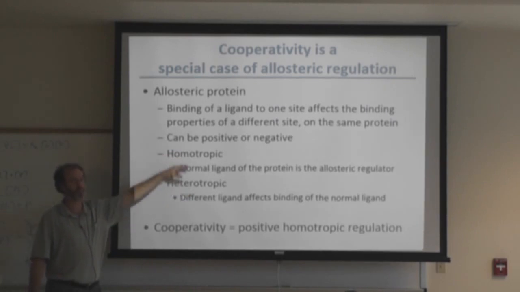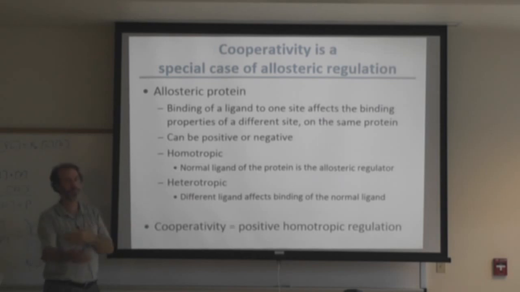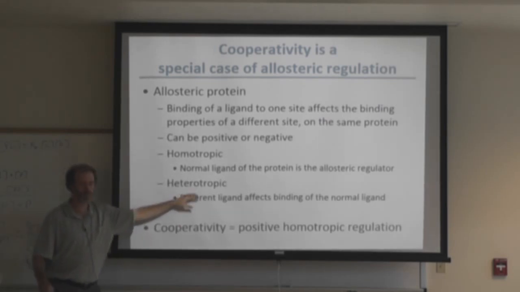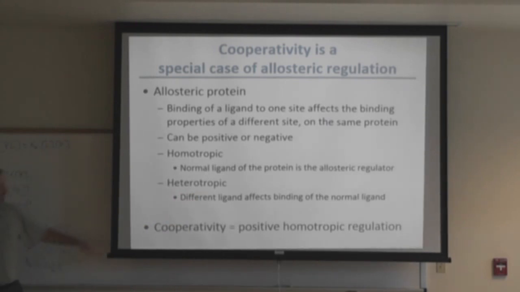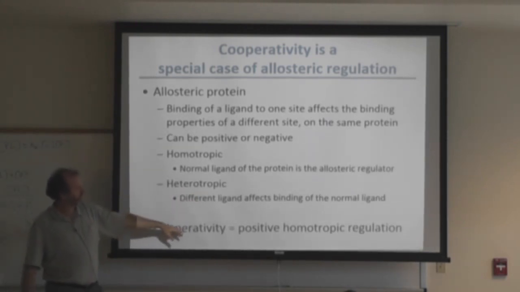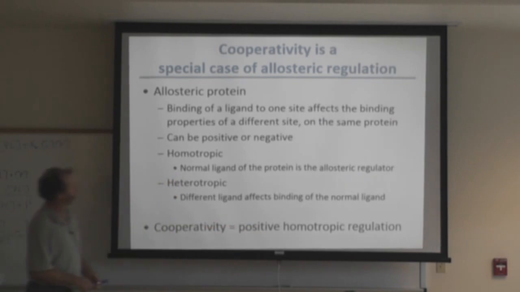And we'll talk more about that. That's really important when we're talking about delivering oxygen to the fetus. Fetal hemoglobin doesn't bind 2,3-bisphosphoglycerate very well. And then cooperativity equals positive homotropic regulation for the most part.